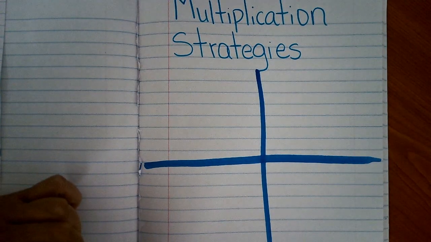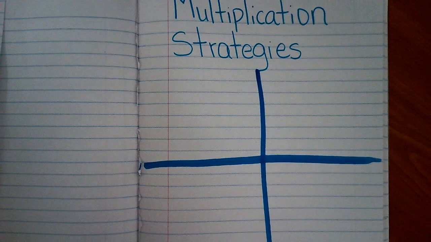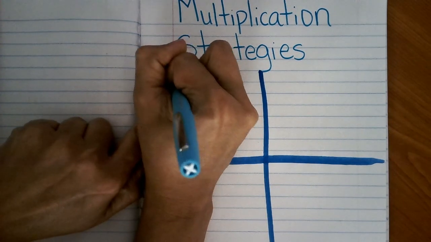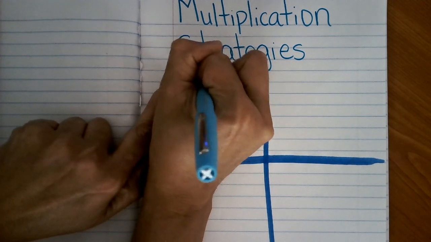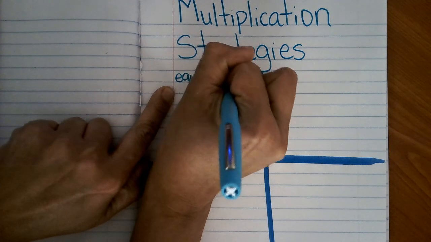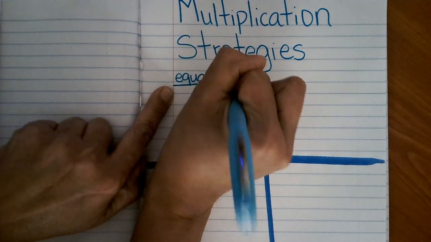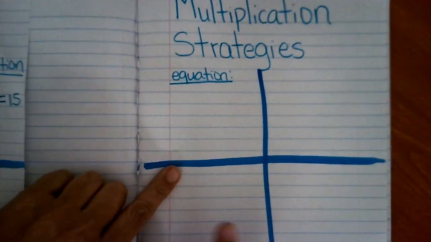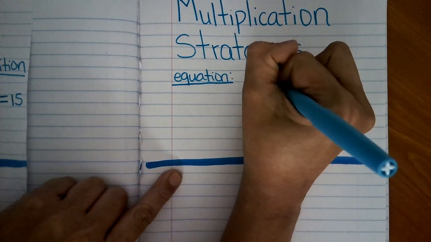Okay, and we're going to label the first square equation. Okay, and we're going to label the second one repeated addition.